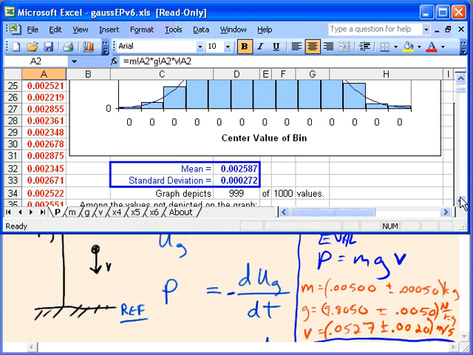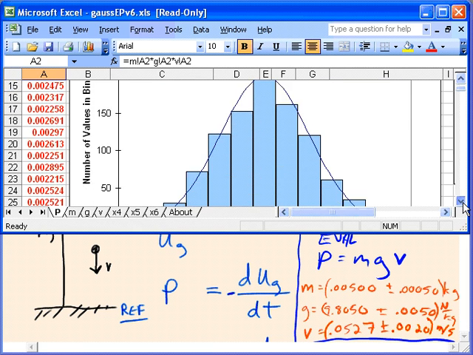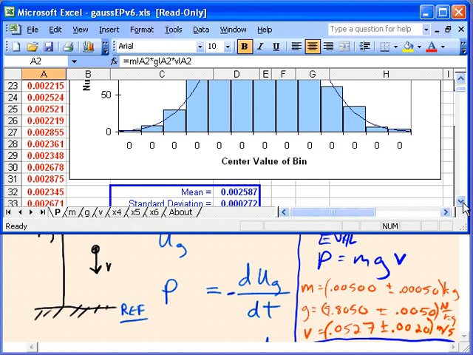Let's see what we got. 0.002587. Remember, with my calculator I got 0.00258, which is what I've got up here. So excellent. We'll stick with the 0.00258.